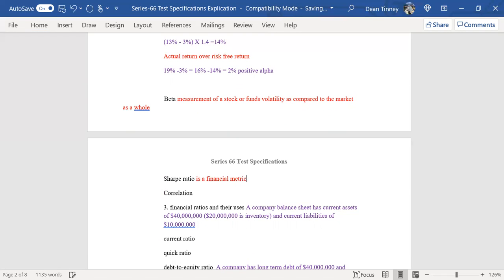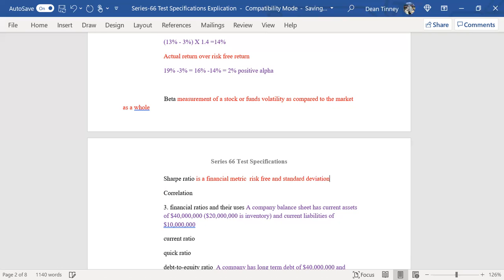Again, I'm not going to make you do it. And this involves the standard deviation and the risk-free rate. And what I'm saying is, did I deliver the same return to you without taking the risk?